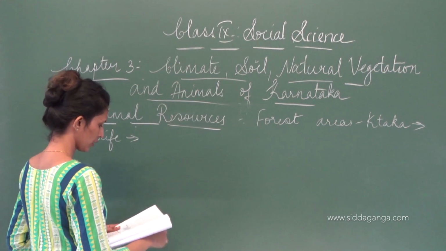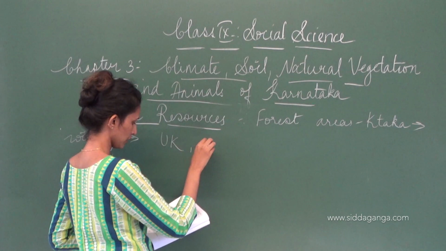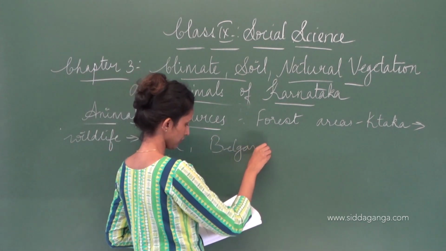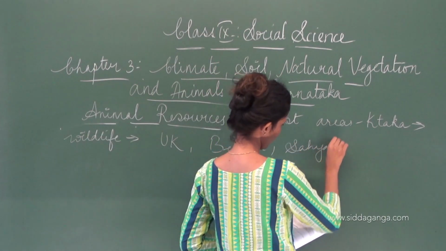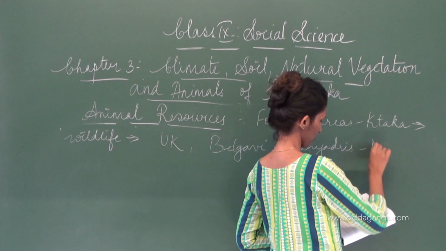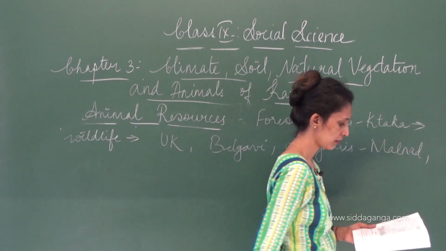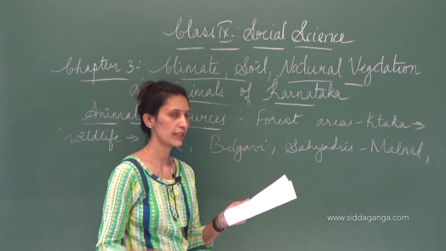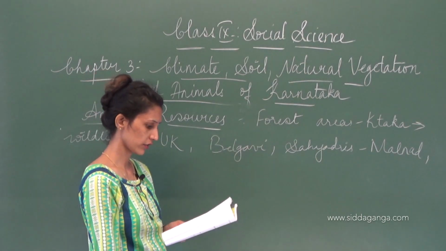Okay. They have in the coastal area, that's Uttar Kannada, Belagavi, Sahyadris in Malnad, okay. These are the places where you have a lot of wildlife, a lot of forest resources.